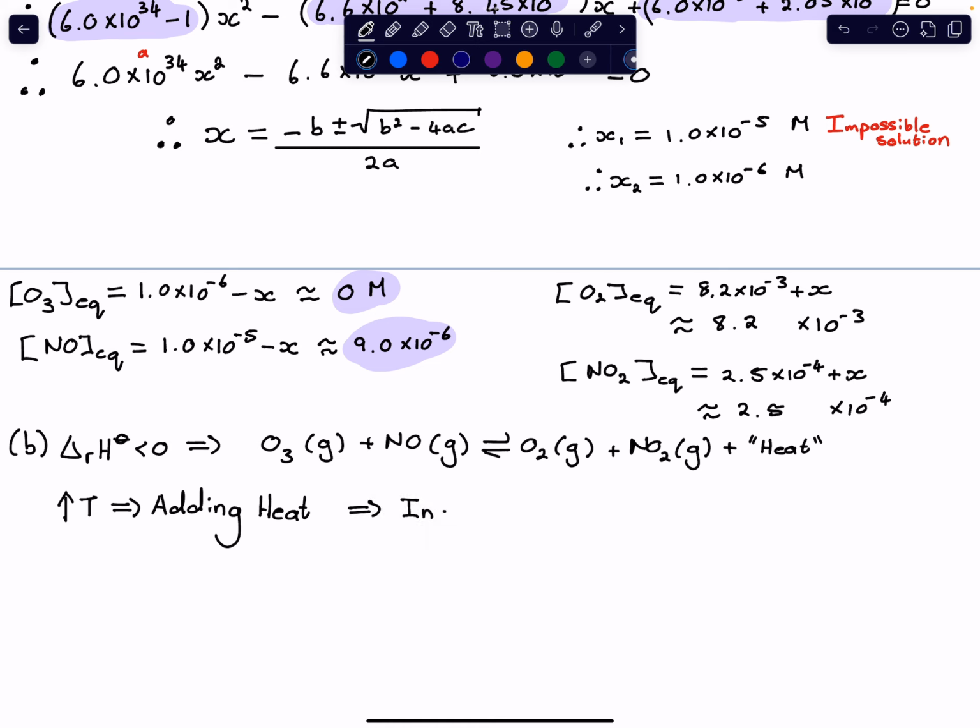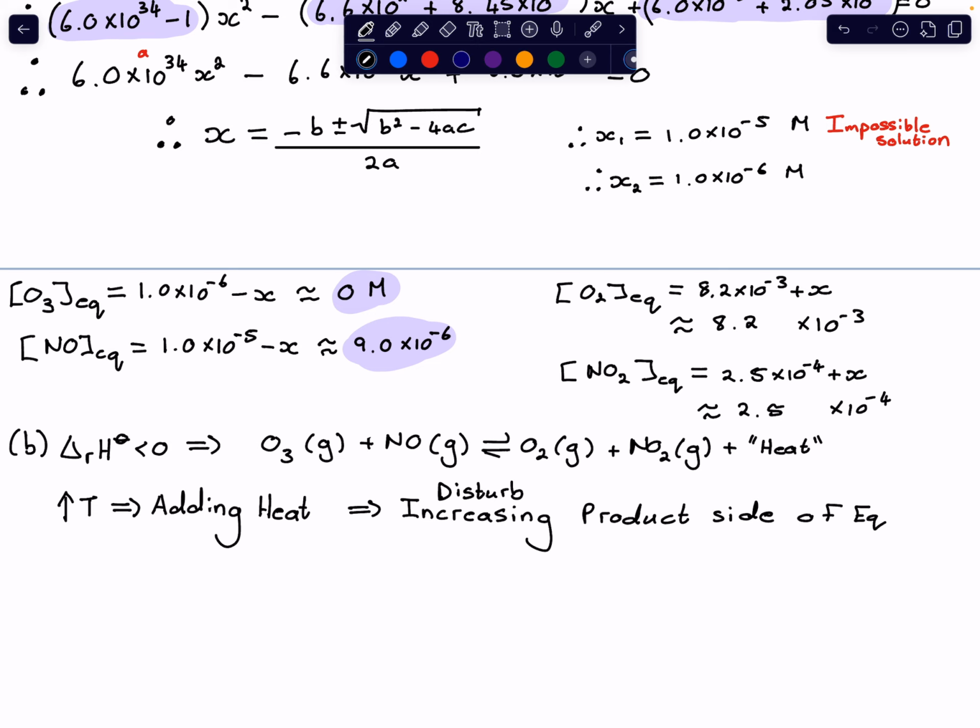Or rather than using increasing, we must say we disturb the product side of the equilibrium, right? So if we disturb the product side of the equilibrium, what does the system want to do?